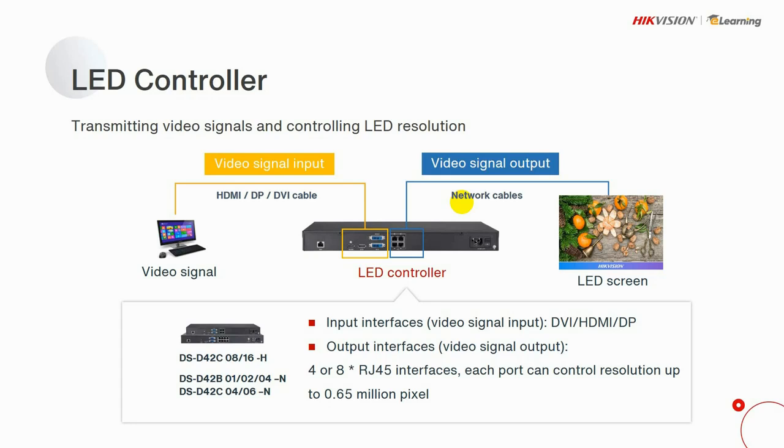Each port can control a resolution of up to 0.65 million pixels. How many LED modules can be connected in series for one port depends on the resolution of the product we choose. You can get help from our selection tool, which we will introduce in our installation part.